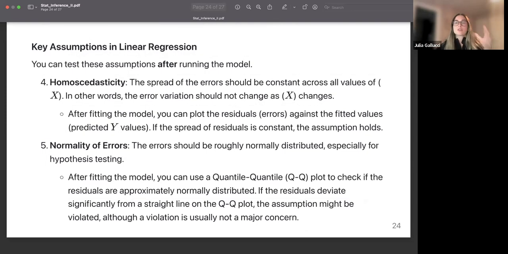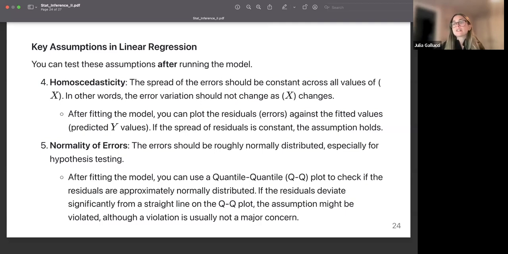So these are all assumptions that need to be met before running the model. However, once you fit the regression model, it's important to test other additional assumptions. These are assumptions that ensure that your model is reliable and that the results are valid for hypothesis testing. These include things like homoscedasticity, meaning that the spread of the errors should remain constant across all values of the predictor variable.